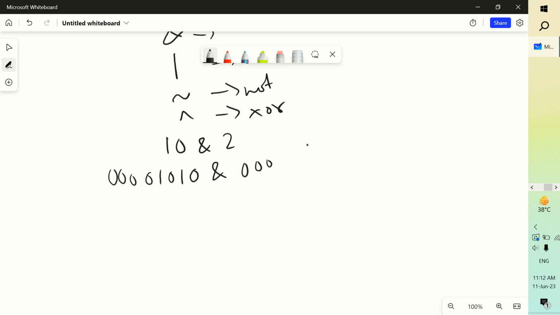So this is 0 0 0 0 0 0 1 0. Okay, so we are using 8 bits. So 2 in binary is this.